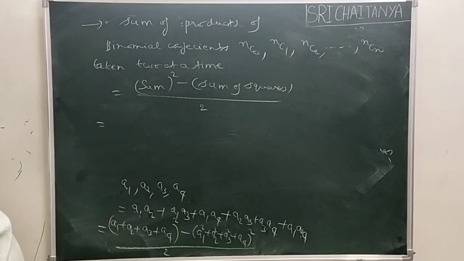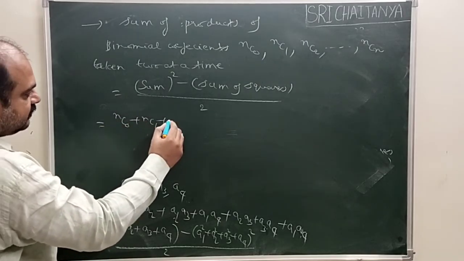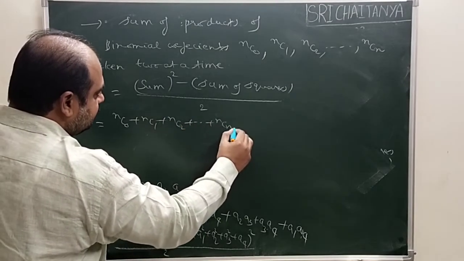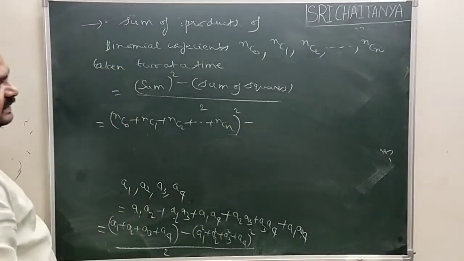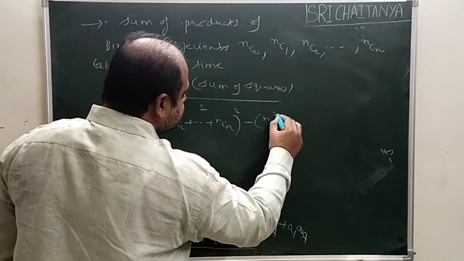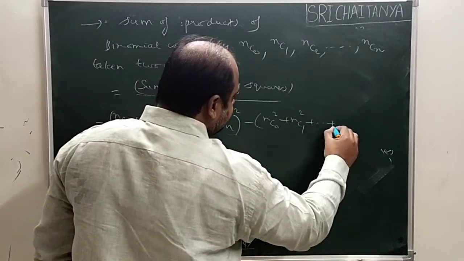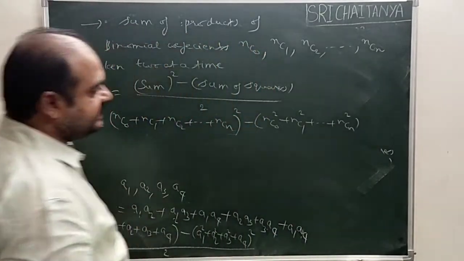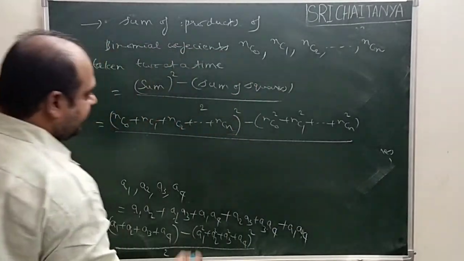What is sum square? Sum square means nC0 plus nC1, nC2 and so on, nCn, whole square, minus the sum of their squares: nC0 square plus nC1 square and so on, nCn square, divided by 2.